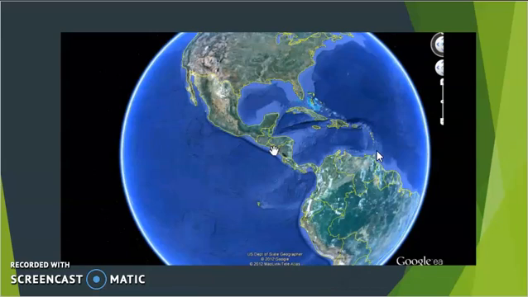Do you remember what is the most easterly island of the Caribbean archipelago? Yes, it's Barbados. So Barbados is the most easterly island of the Caribbean. It's found somewhere here.